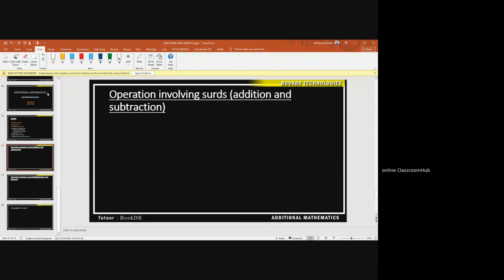Like how we have in normal algebra, like terms and unlike terms, when it comes to sets, we also have like sets and unlike sets. So let's pick an example.